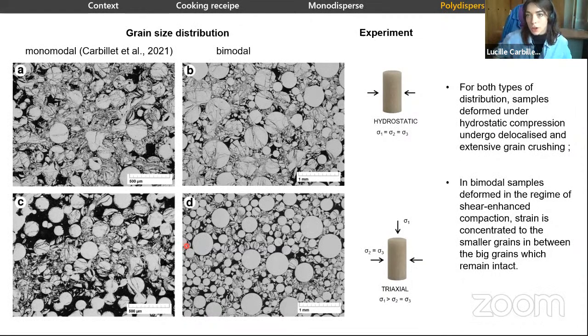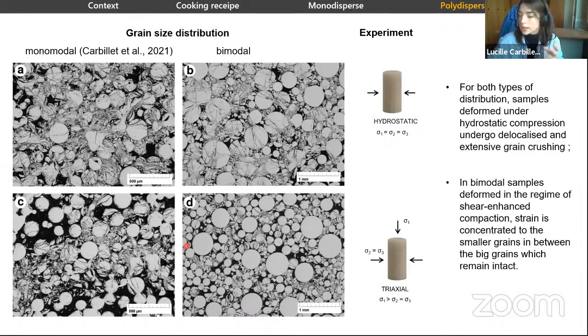I'll now switch to something that is maybe a little less complex, because these bimodal samples are really interesting, but we're changing two things at the same time here: we're changing the modality of the distribution, but we're also playing a little bit with the pore dispersivity itself.